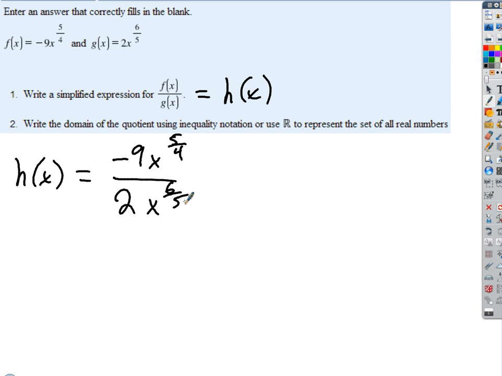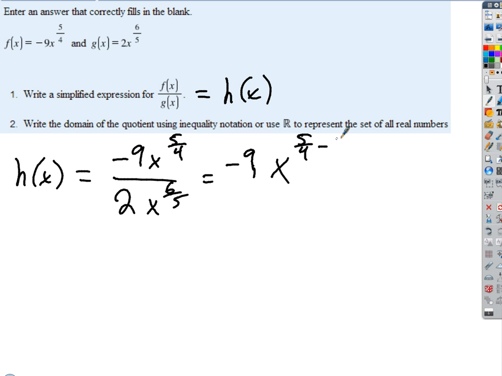But in this case, because my x's are going to be on the top, I can just apply that property of exponents. So I'm just going to get negative 9 x to what? How'd you get that? Well, what do you do if you divide like bases and the bigger exponent is on the top? You subtract.